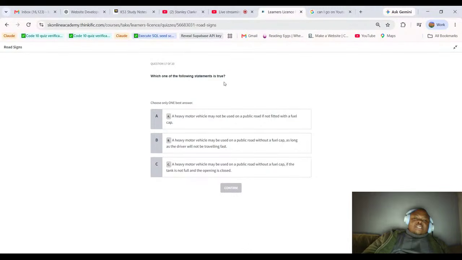Which one of the following statements is true? Is it A, a heavy motor vehicle may not be used on a public road if not fitted with a fuel cap, or B, a heavy motor vehicle may be used on a public road without a fuel cap as long as the driver will not be traveling fast, or C, a heavy motor vehicle may be used on a public road without a fuel cap if the tank is not full and the opening is closed.